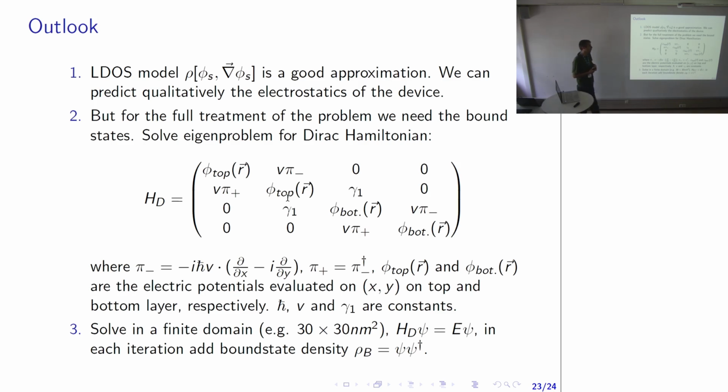In particular, we would have to diagonalize this operator. So this is a 4 times 4 operator. It's defined on each point in bilayer graphene with some diagonal potentials. And these pi operators, pi is a partial derivative in x minus the imaginary unit times partial derivative in y.